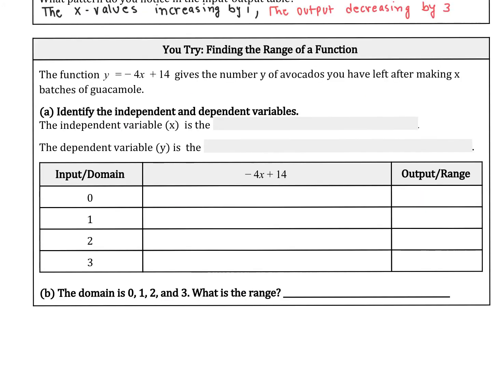Example number 2, you try problem. The function y equals negative 4x plus 14 gives the number y of avocados you'll have left after making x batches of guacamole. Identify the independent and dependent variables. The independent variable x is the batches of guacamole.